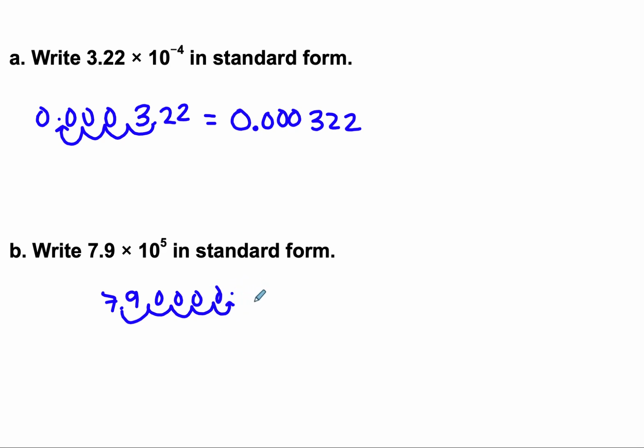Okay, I did need a 0 there. Okay, and then I'm going to put a comma in. I'm going to rewrite it so it's nice and neat. So I have 790,000. Scientific notation is handy for taking a number that's really long and making it easier to read and write without having to write a whole bunch of zeros in the front or the back of that number.